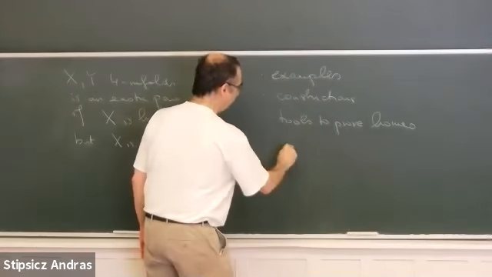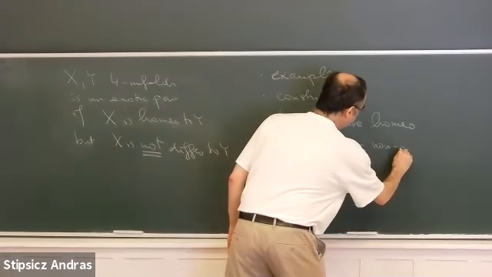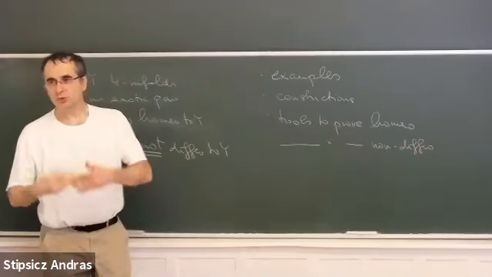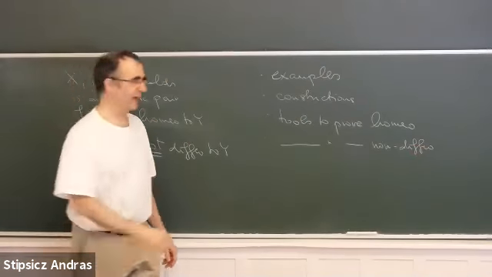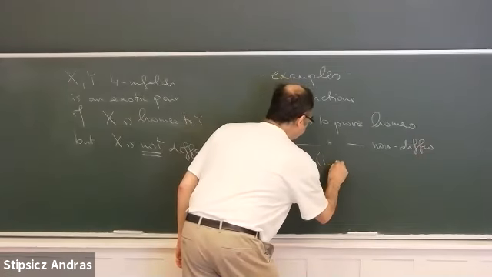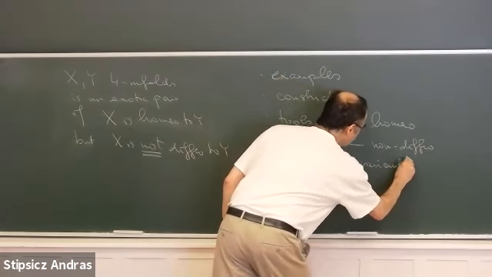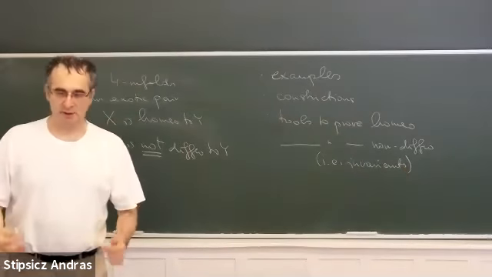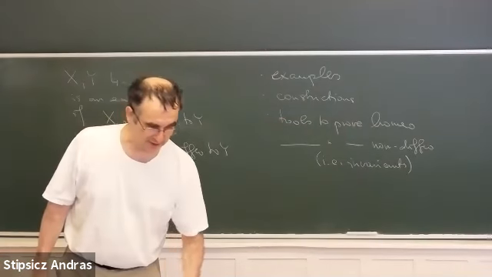And then finally, we need tools to prove non-diffeomorphism. Tools to prove that two objects are not the same are typically called invariants. So these will be the four main guiding principles or ideas throughout the lecture series.